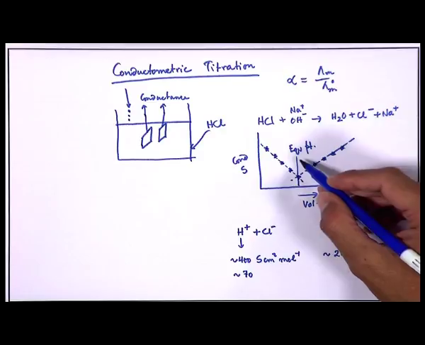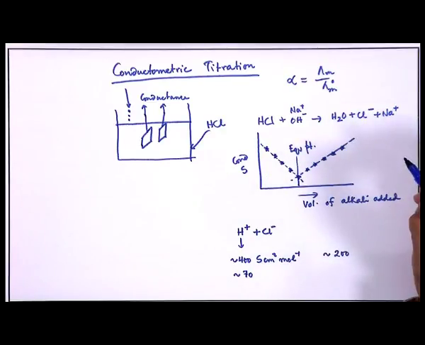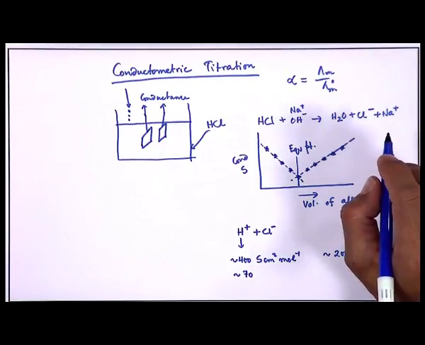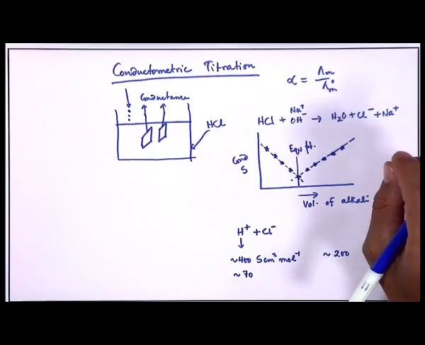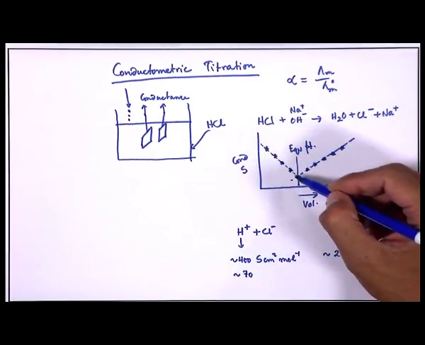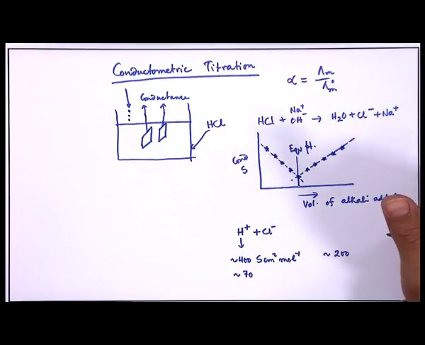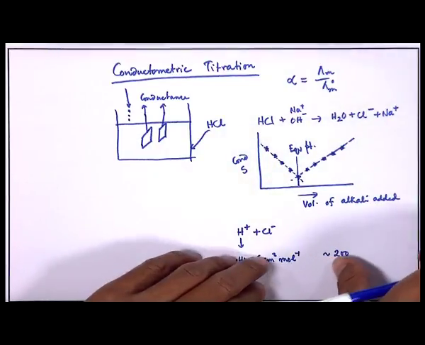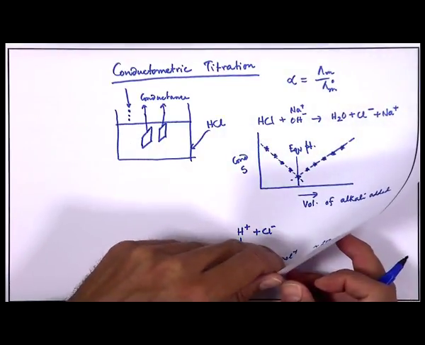You can also follow this precipitation titration with the conductometric method, but you need to titrate with a stronger or concentrated solution to minimize the effect of volume increase due to addition of the titrant. So, this is the second example that I have given to you.